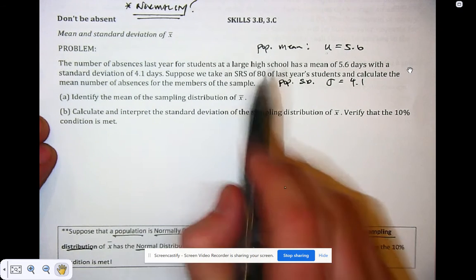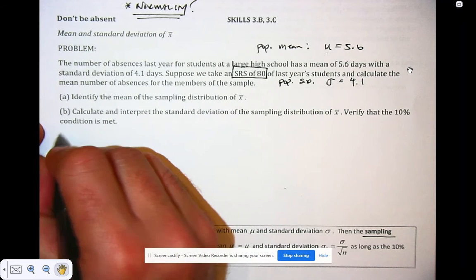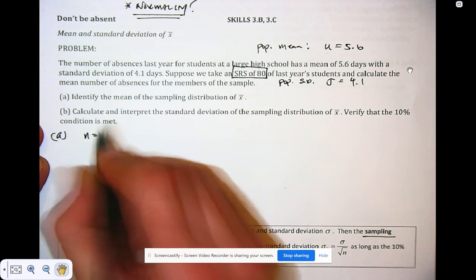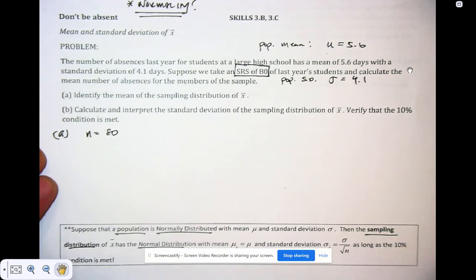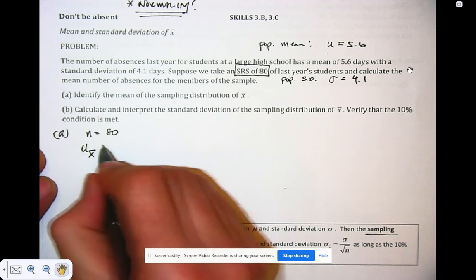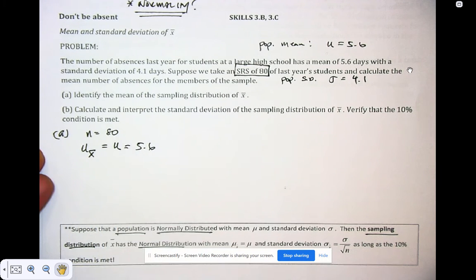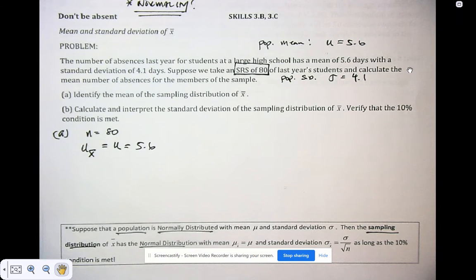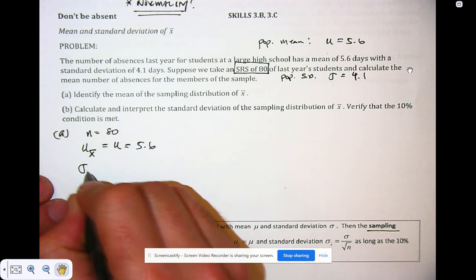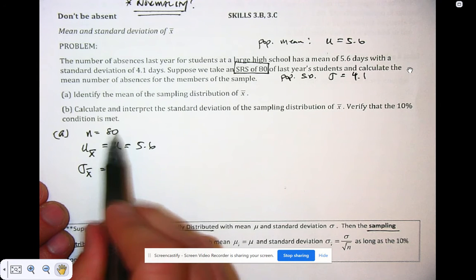But now we're going to take an SRS of 80. For part A, if you're taking a sample size of 80 students, the mean of the sampling distribution is just equal to the population mean, so it's exactly the same: 5.6. But the variability will change because you're taking a sample of 80 people.